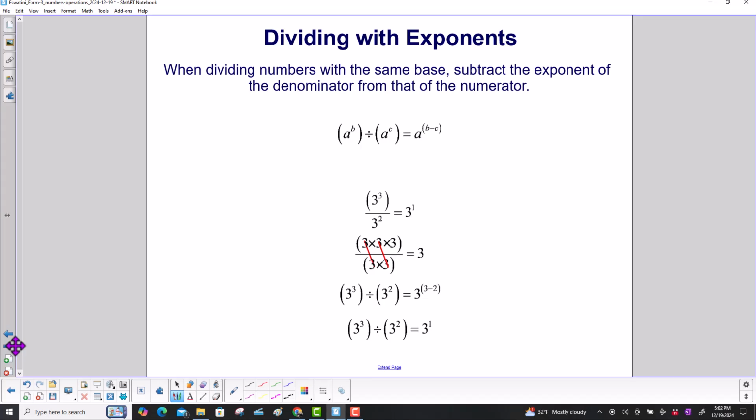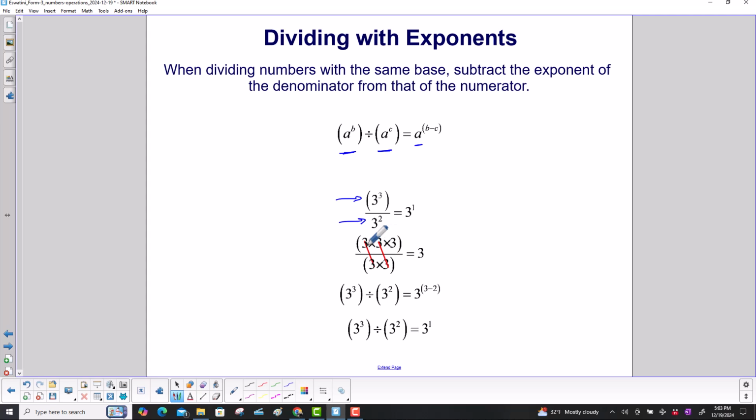When dividing numbers with the same base, subtract the exponent of the denominator from that of the numerator. So if we're dividing a to the b divided by a to the c, that will be a to b minus c. So let's see that in operation. We have 3 cubed divided by 3 squared. So that should equal 3 to the 1, or just 3, right? Because 3 minus 2 is 1.